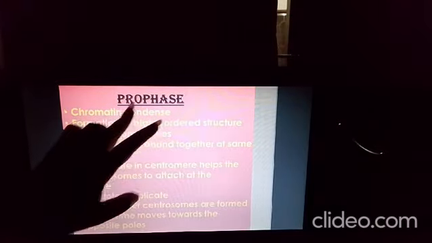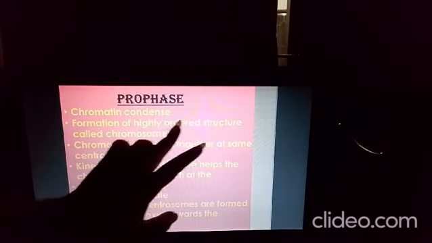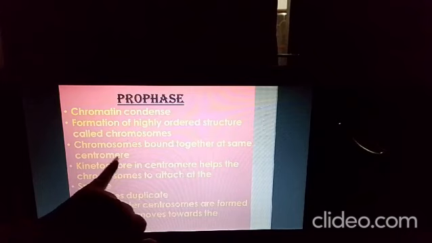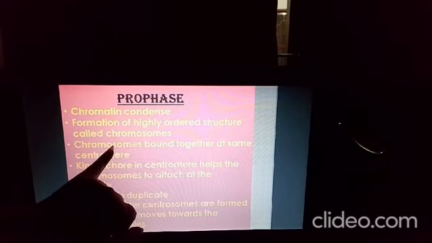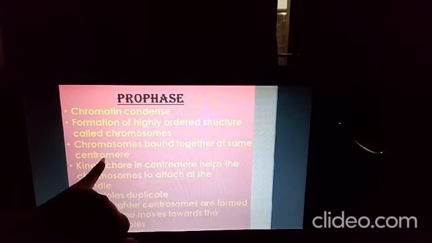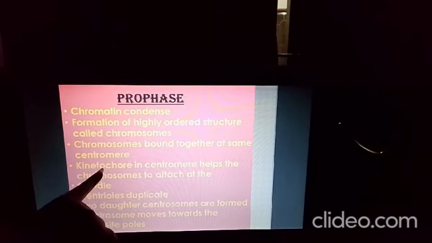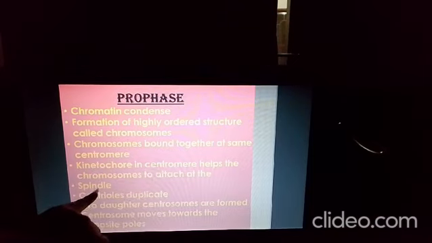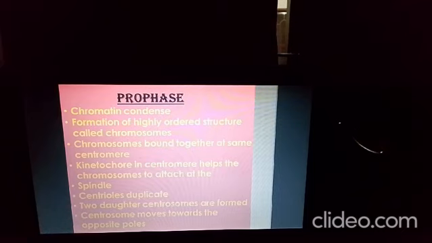Then the chromosomes are bound together at the centromere. Then kinetochore in the centromere helps the chromosome to attach at the spindle. Kinetochore is a protein which helps the centromere attach the chromosome at the spindle.